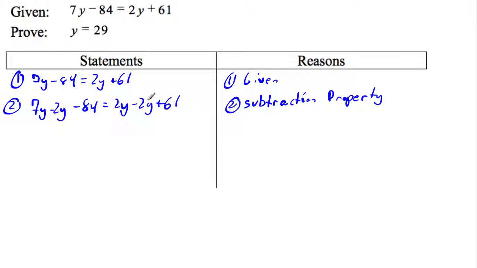Now actually, if you notice here, I'm throwing this negative 2y right in the center. If I really want it to be exact, and really drag this out to a painful extent, technically I should put this negative 2y on the end and then reorder this.